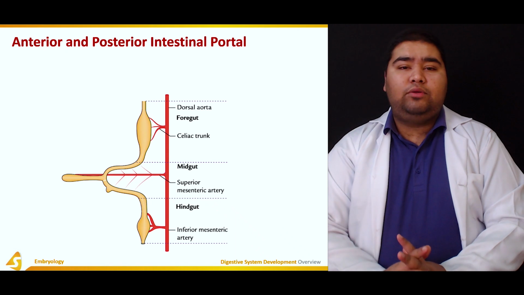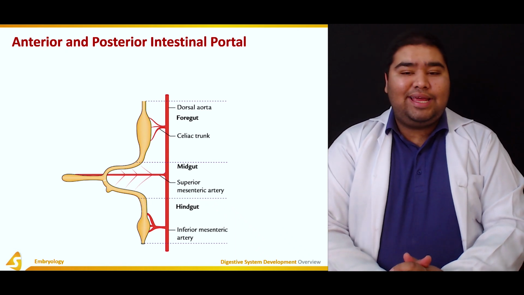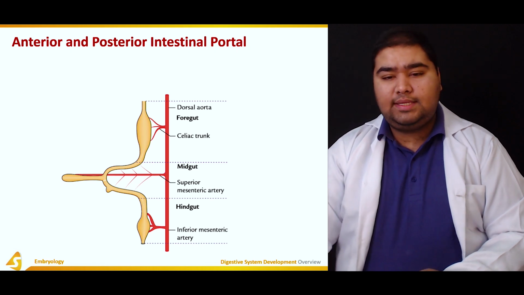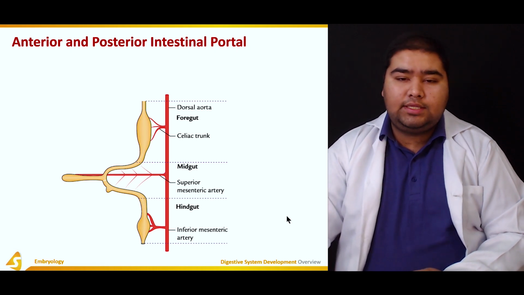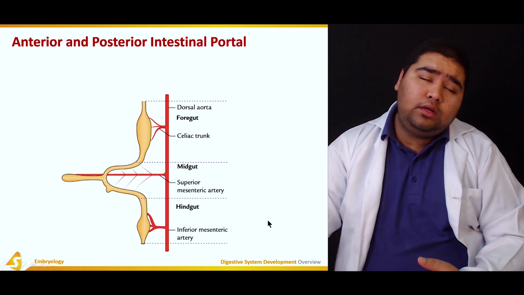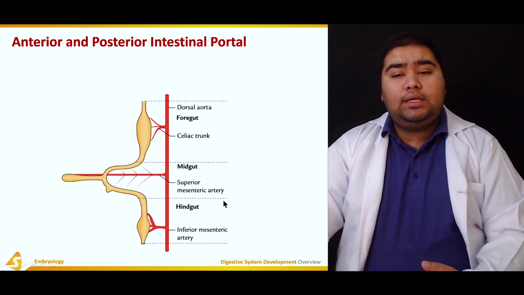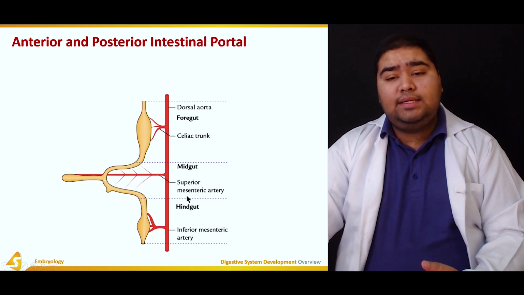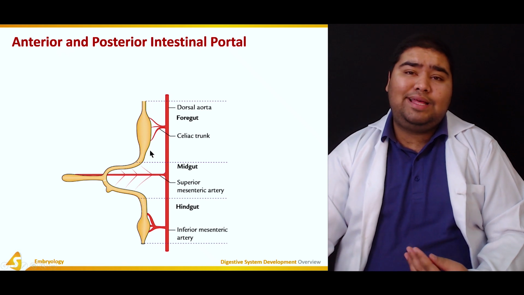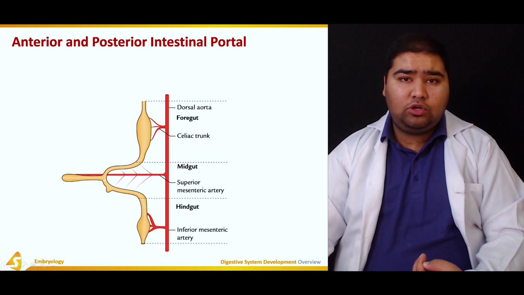So talking about the anterior and the posterior intestinal portal. We talked about it before. This is the midgut section, and it's called the midgut because it is in open communication with the yolk sac. The communication between the midgut and the foregut, this portion, is known as the anterior intestinal portal.